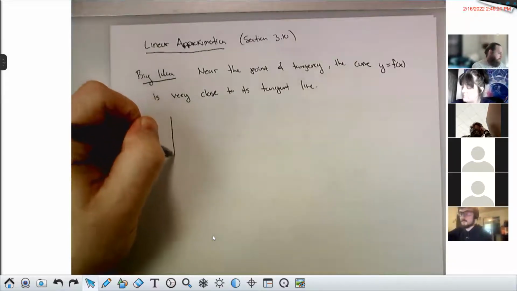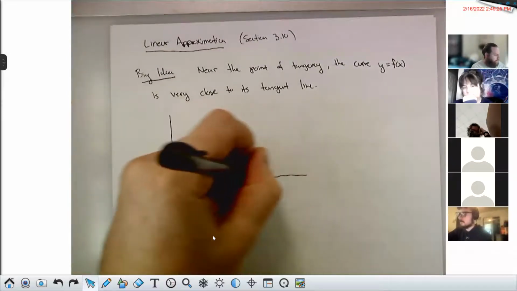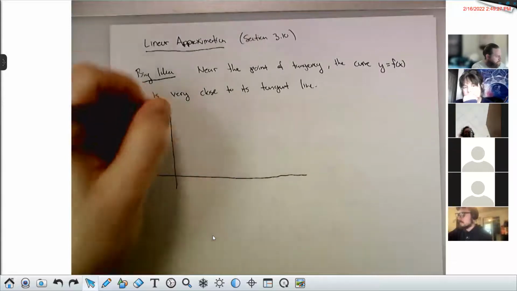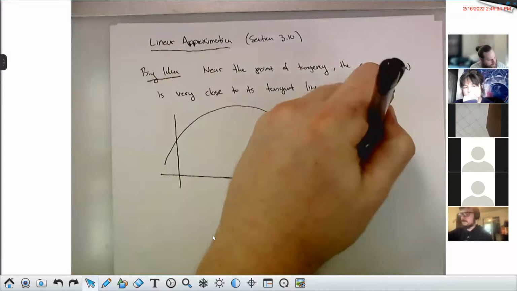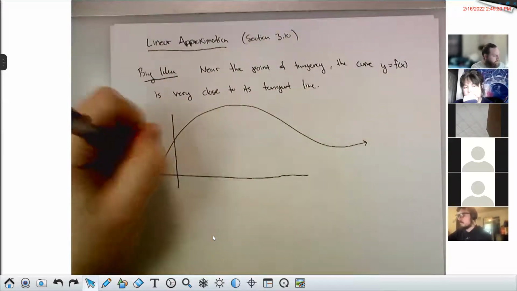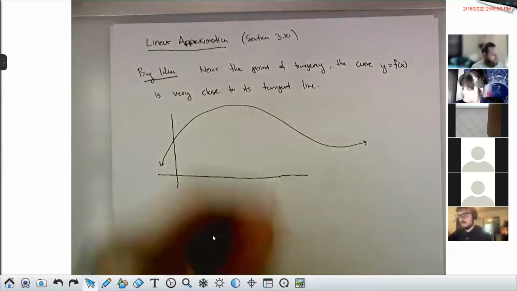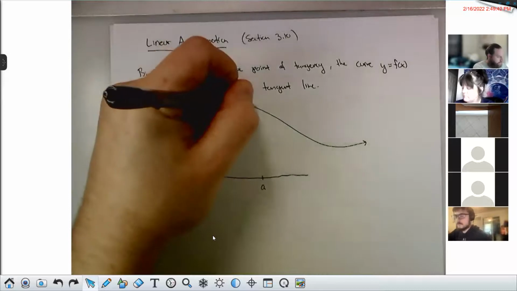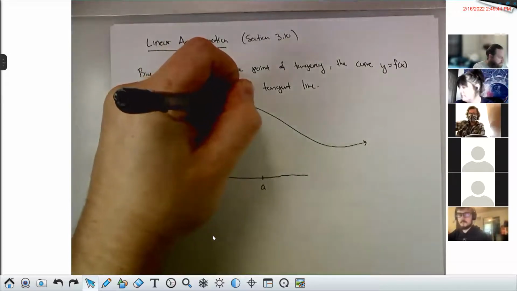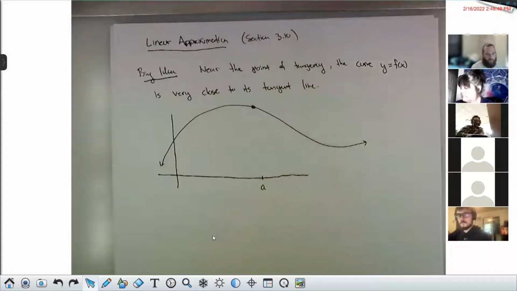This is a place where drawing pictures can be a little challenging without good steady hands, which for whatever reason I don't have today. But let's play it like this. Here is an x value a, and here is that point of tangency, a comma f of a.